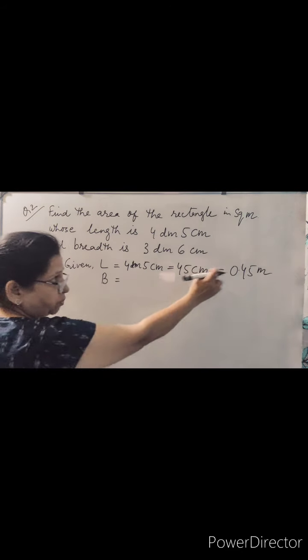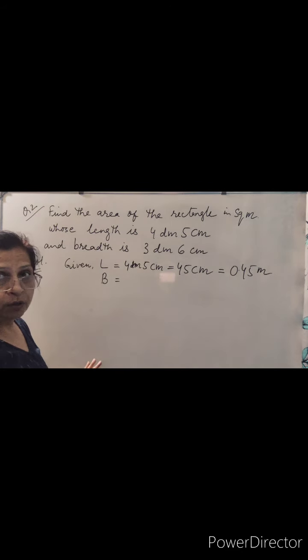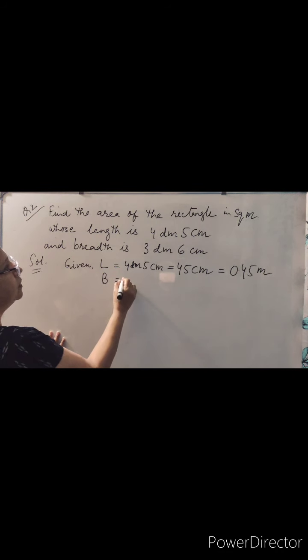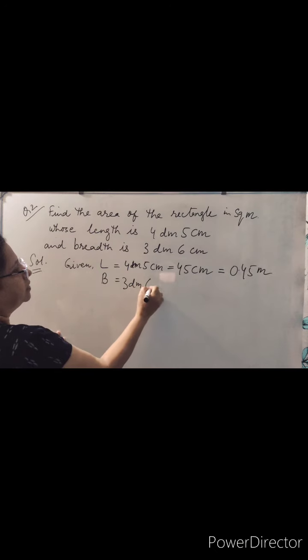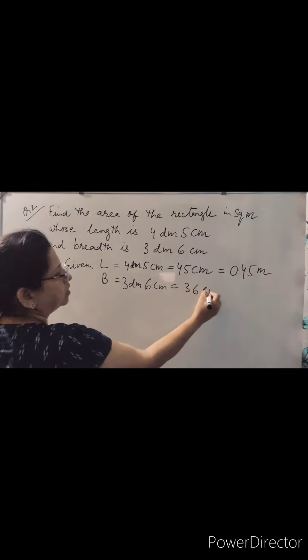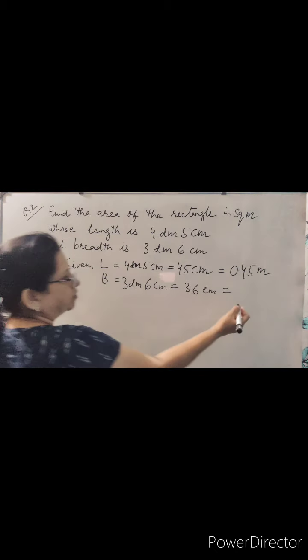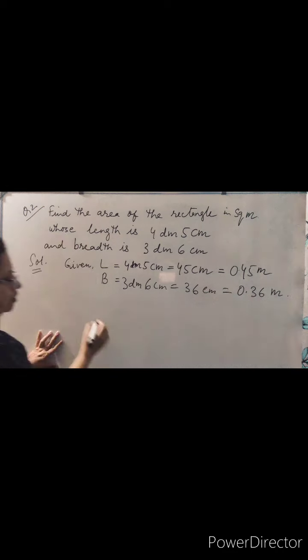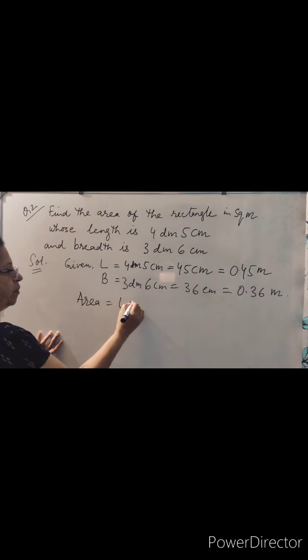Right? Centimeters को meters में convert करने के लिए you will divide by 100. Similarly, here is 3 decimeter and 6 centimeter. It can be written as 36 centimeter and 0.36 meter.